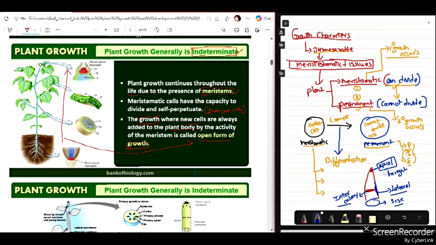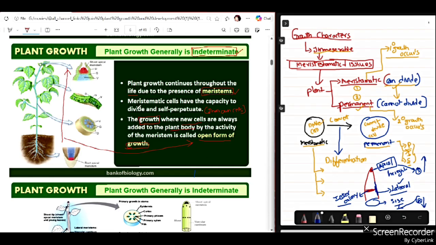The size of the plant increases because of the lateral and intercalary meristems. Apical meristems are useful for the height of the plant. If it is present in the shoot, it grows up. If it is present in the root, it grows down. So apical meristems are present in the stem and also in the root. Those are called shoot apical meristems, and these are called root apical meristems. These are the two types of meristems.